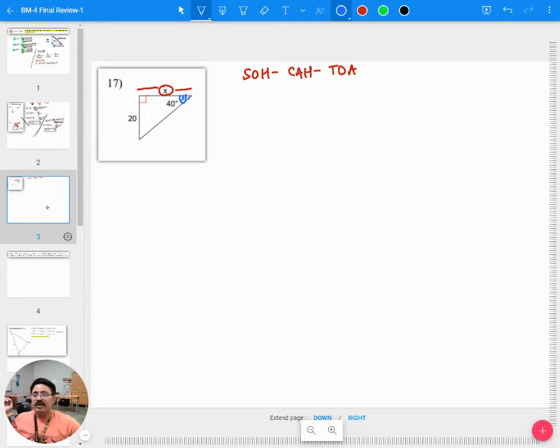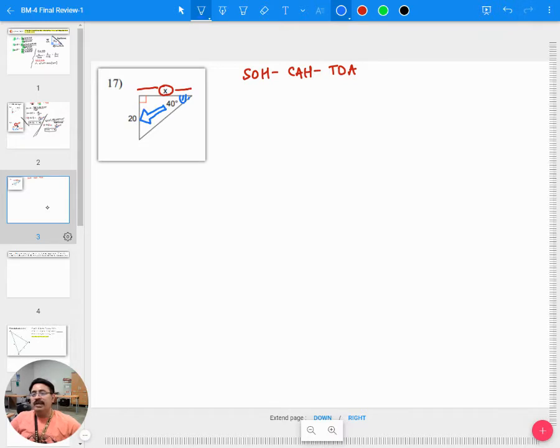This is 40. So you identify what values are given and which value you are asked to find. I see that this is 20, which is opposite to 40 degrees.